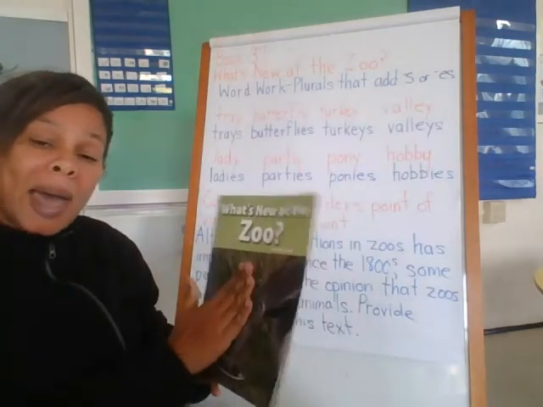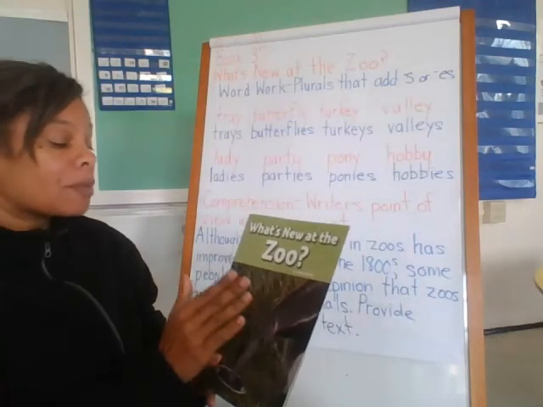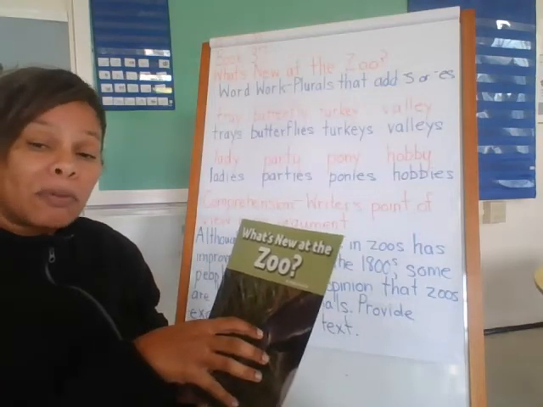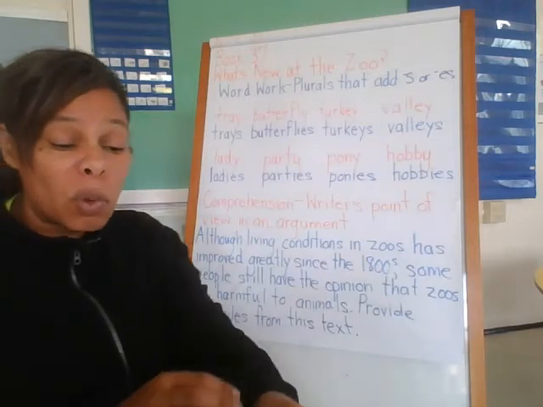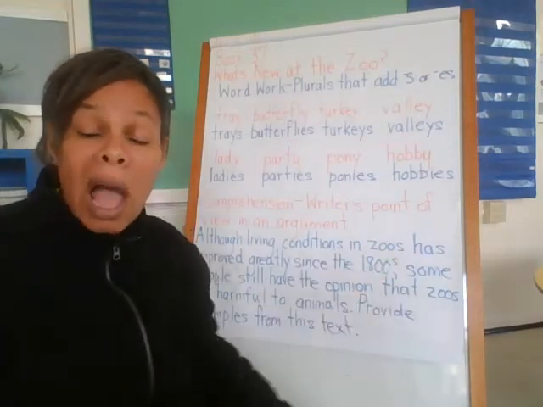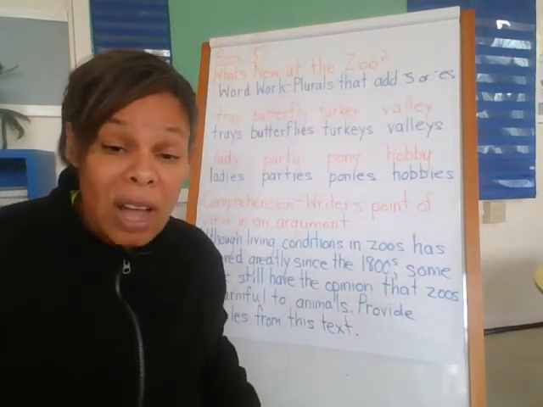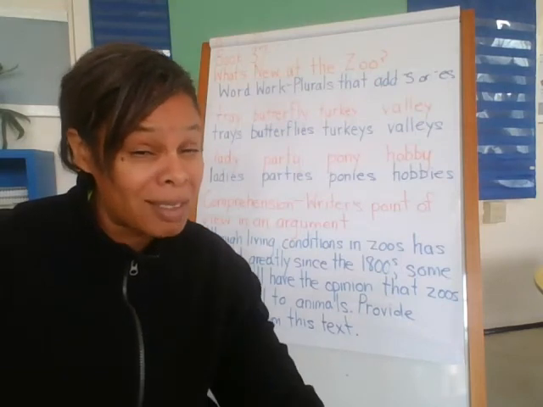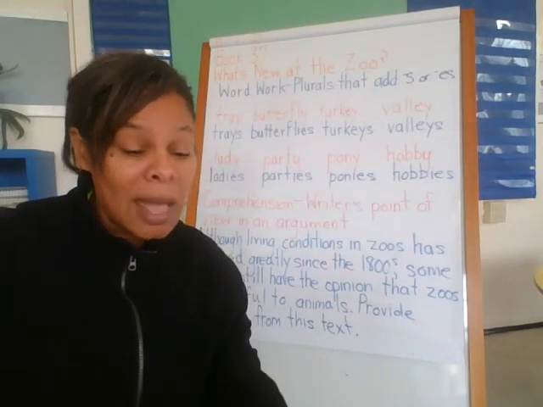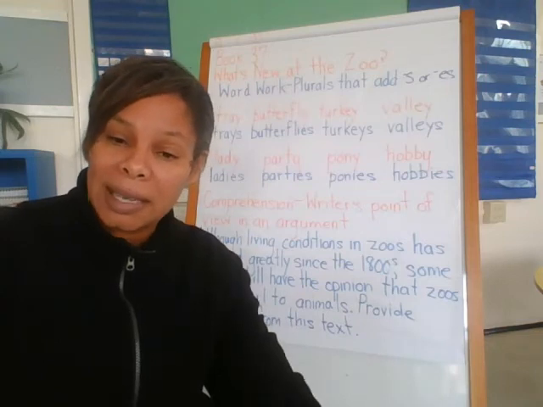So I want you to look back and find the evidence that tells us why some people feel that they are harmful. And if you even want to do an extension and go a little bit further, I want you to do some research online to find some zoos around the world that are not taking very good care of their animals, and bring that information that you can share with us in class.